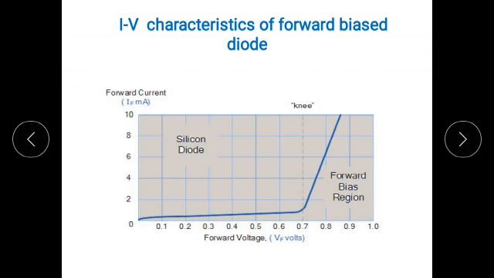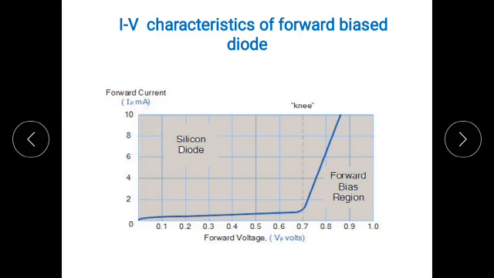That graph is known as the IV characteristics of the forward bias p-n junction diode. To plot the graph, on the x-axis consider forward voltage, denoted by Vf, in volts, and on the y-axis forward current, denoted by If, measured in microampere or milliampere.